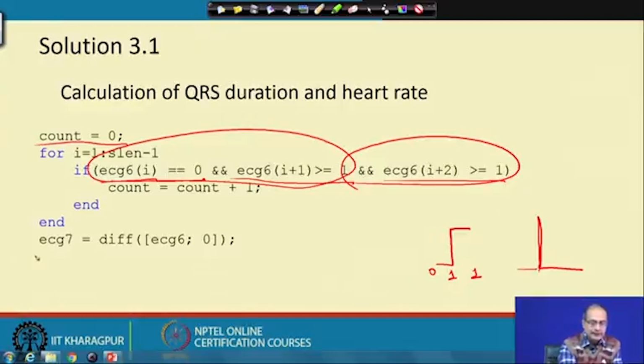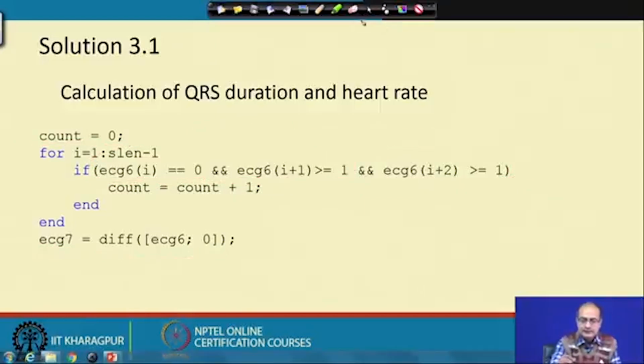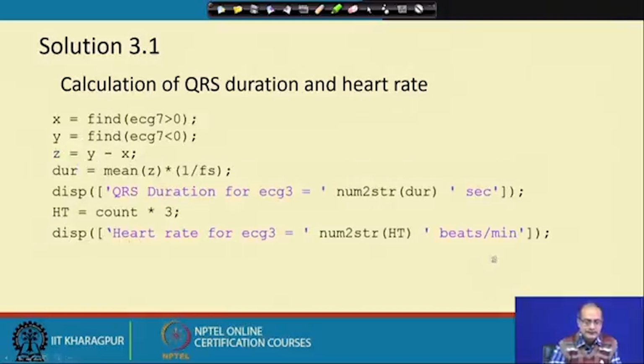Next thing, recall that we have ECG 7, where by taking the differentiation we have added a 0 at the end, so that after the differentiation we get an equal number of samples as ECG 6. Okay. So, that will give us the output of the differentiation, and let us see how we make use of that ECG 7.